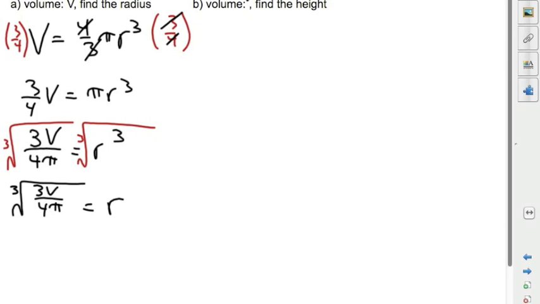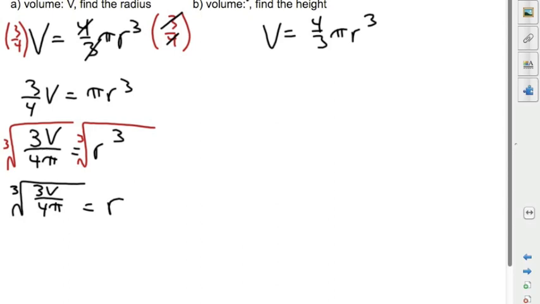So here's the question. If we're given the volume, 50 centimeters cubed, find the radius. Because we're dealing with a sphere, let's write down our equation. But at this point, we're given the volume.